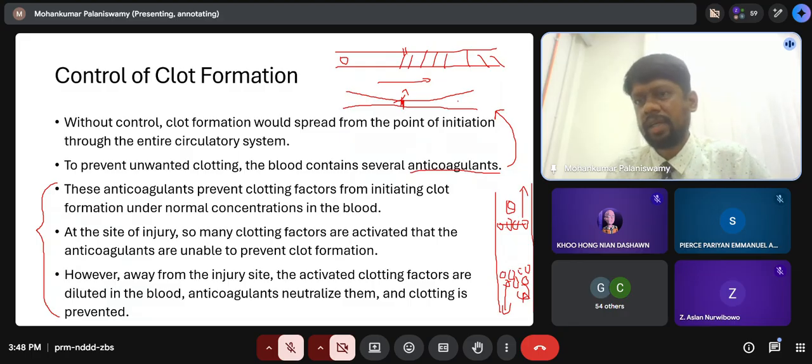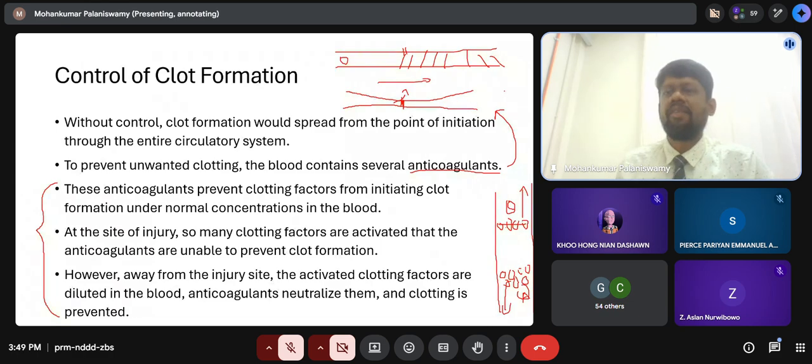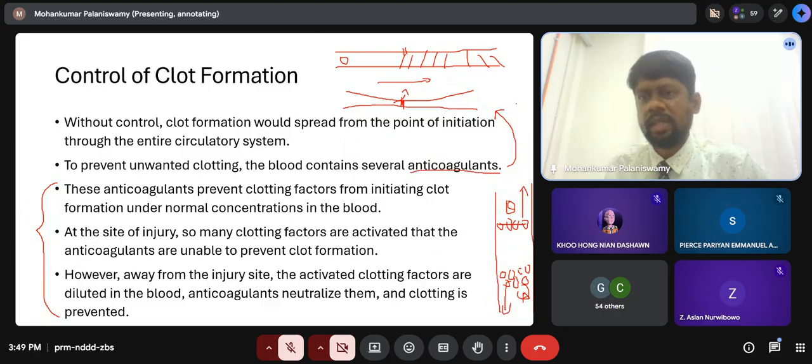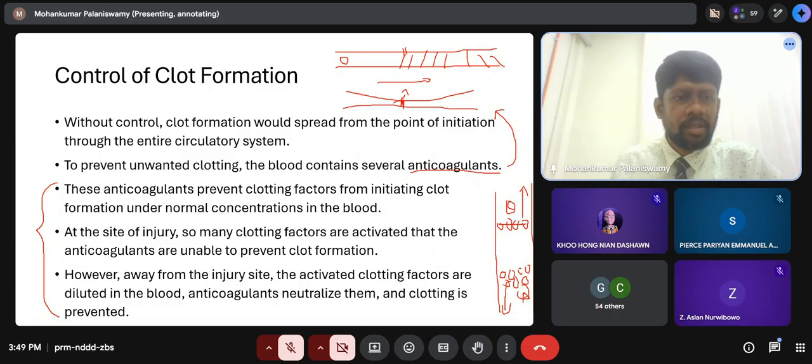But away from the site of injury, there will be more anticoagulants which will be able to control the coagulants. Clear? So these anticoagulants prevent clotting factors from initiating clot formation under normal concentration of the blood. At the site of injury, so many clotting factors are activated that the anticoagulants are unable to prevent the clot formation.